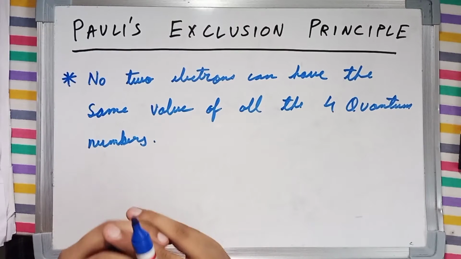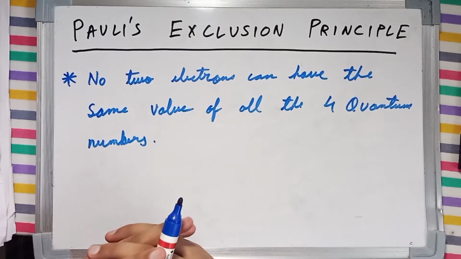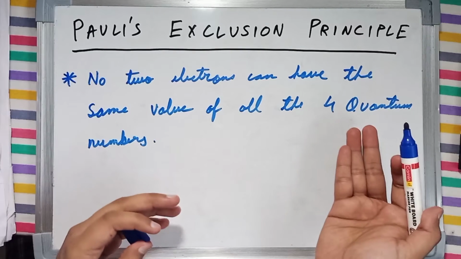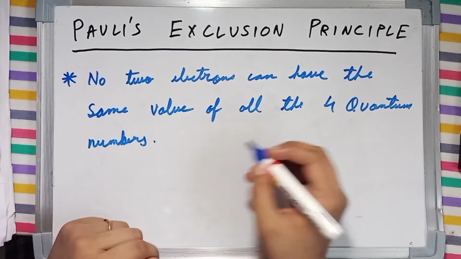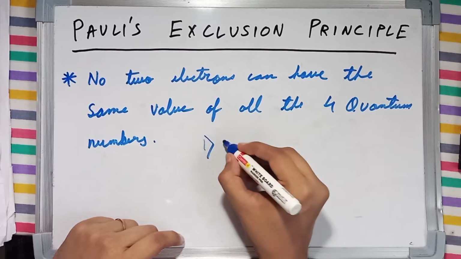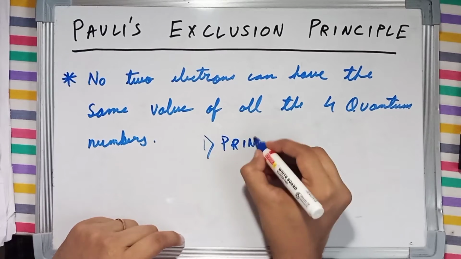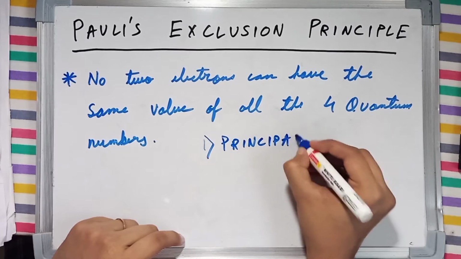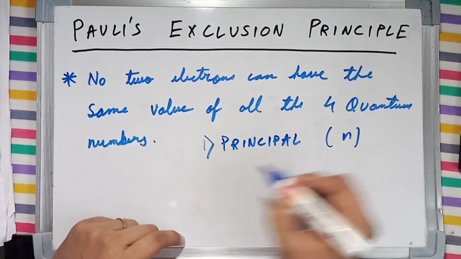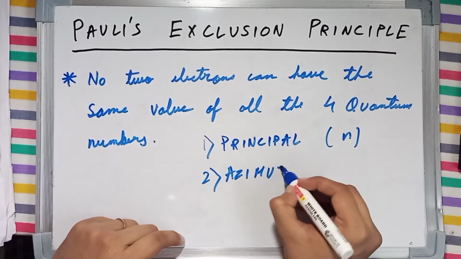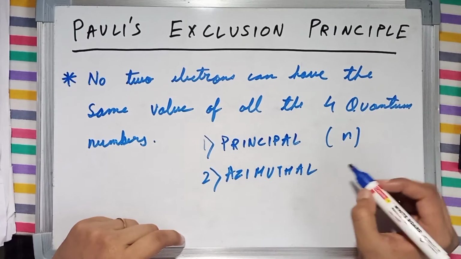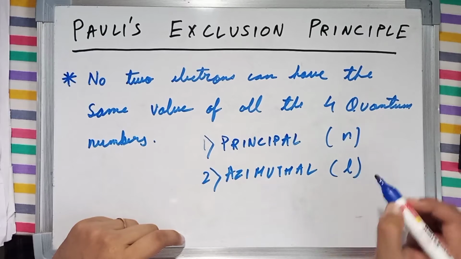We are going to dive deep into this particular thing, but before that, you guys must be knowing that there are four kinds of quantum numbers. Namely, first is the principal quantum number denoted by n. The second is azimuthal quantum number denoted by l.